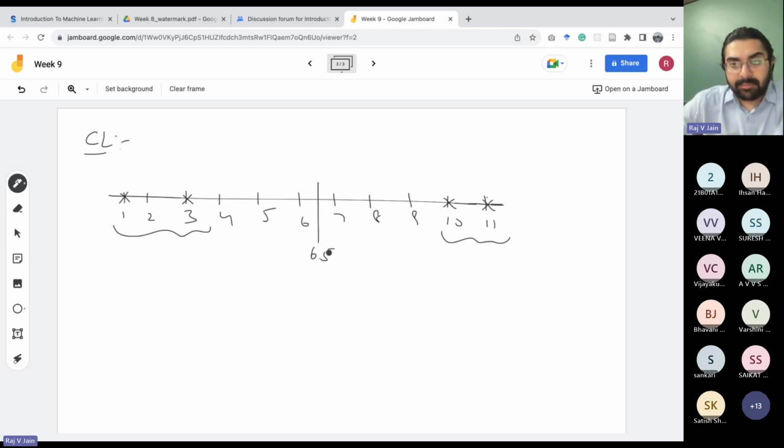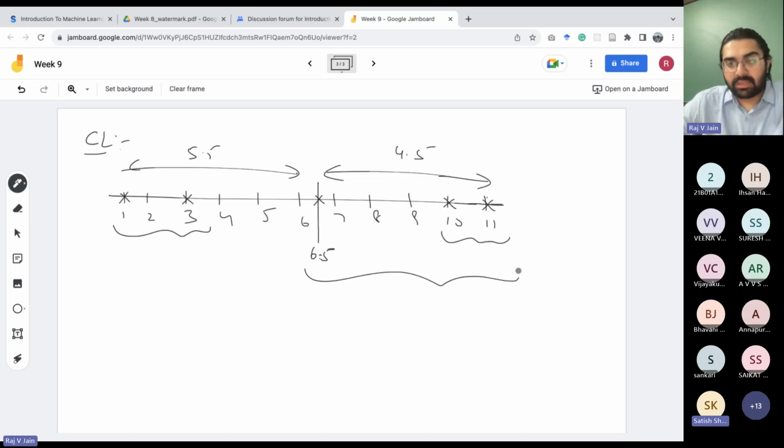So now the distance from this one is I think 5.5, right? 5.5 is this distance. And this distance will be somewhere here, 11 minus 6.5, 4.5, right? So it'll get clustered with this point, right? So this will become the new cluster.